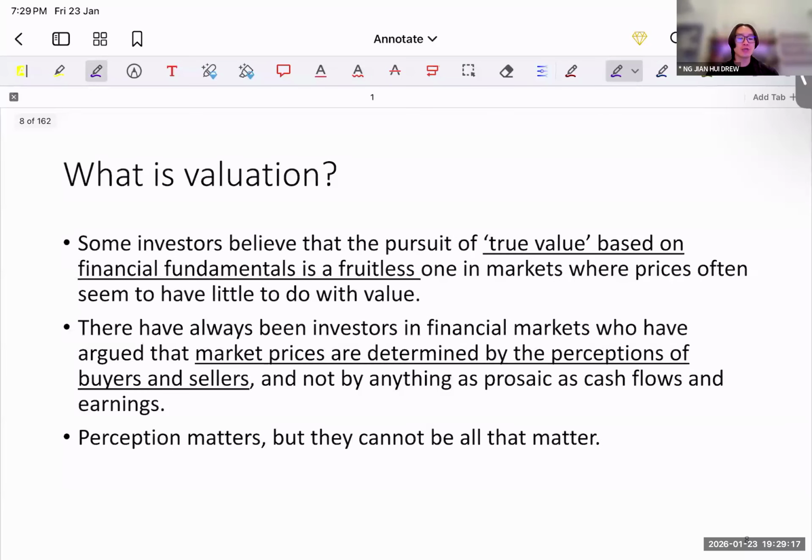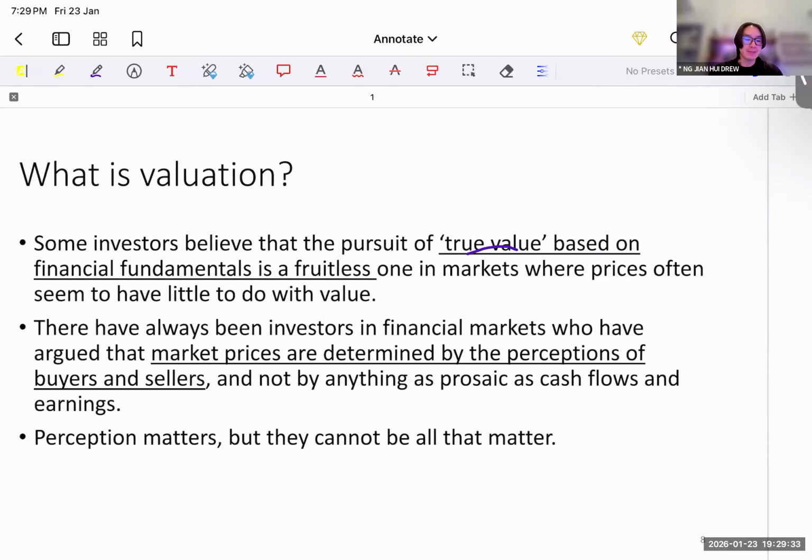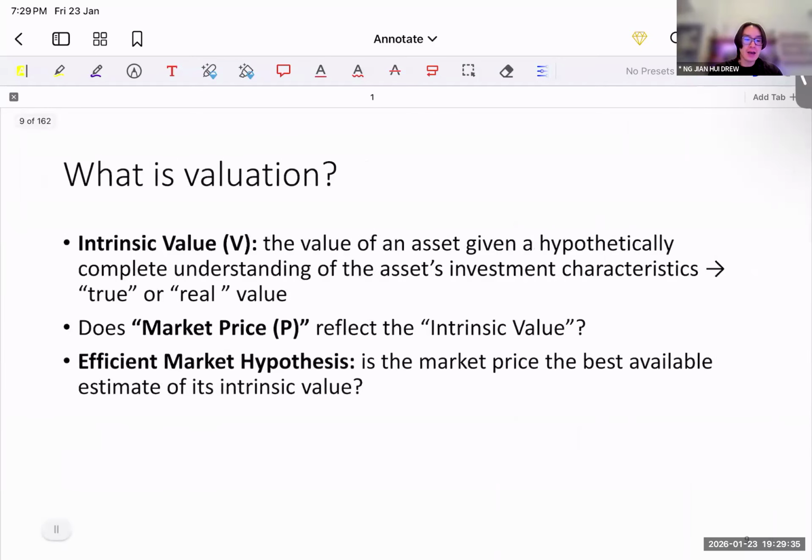So we are trying to find the true value of the financial asset, and hopefully we can go close to the intrinsic value of the company, right?